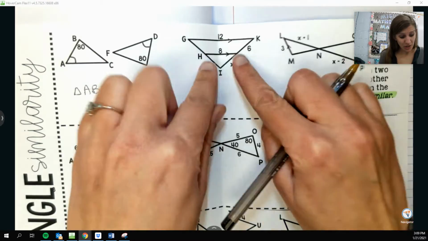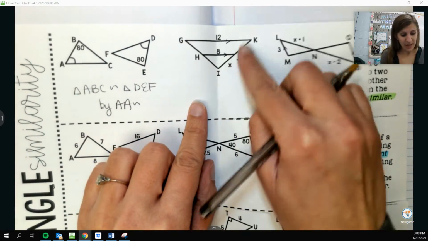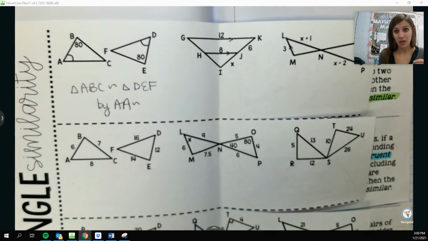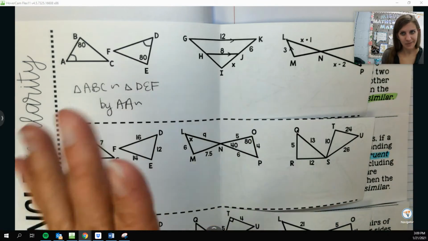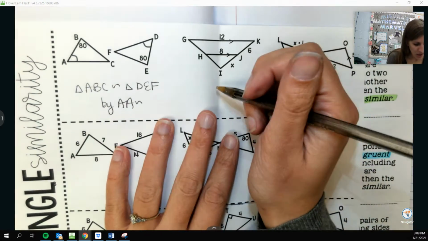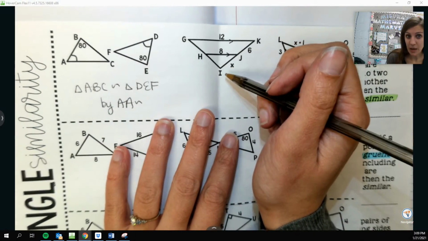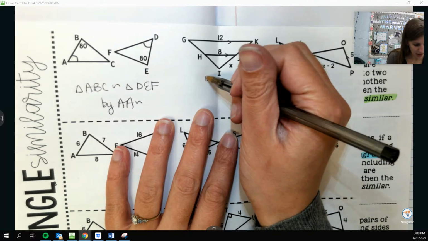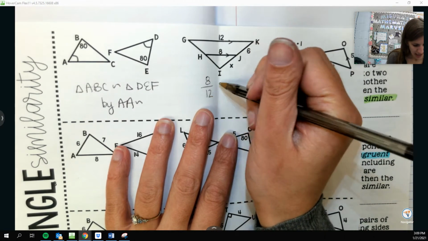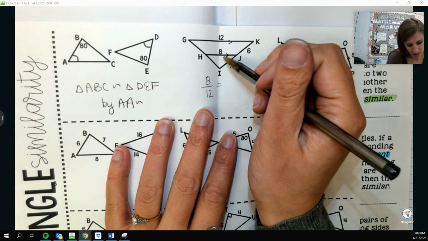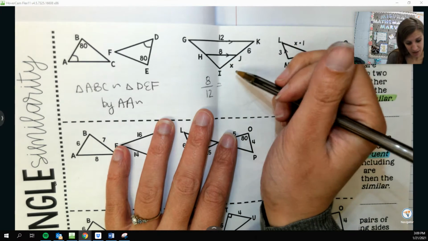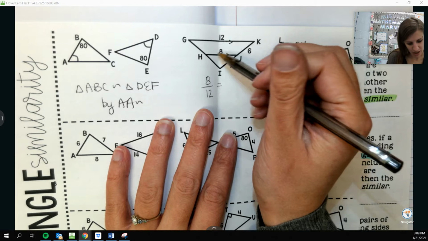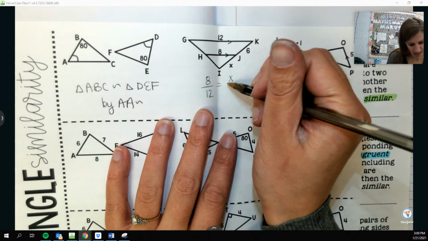So these two triangles, the small and the big, are similar by angle-angle because of the parallel lines. That's enough to tell me. And so since they are, the sides will be proportional to each other. So I can match up the 8 and the 12 because they are opposites. And since I'm matching up the small to the big, I have to do the same thing here. So the small triangle here has this side X on it.